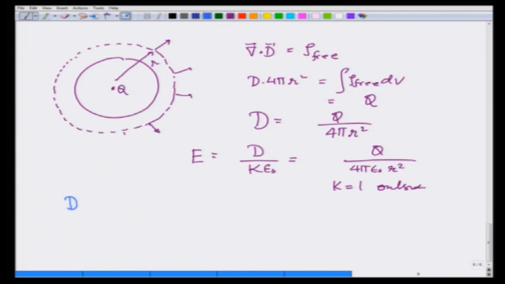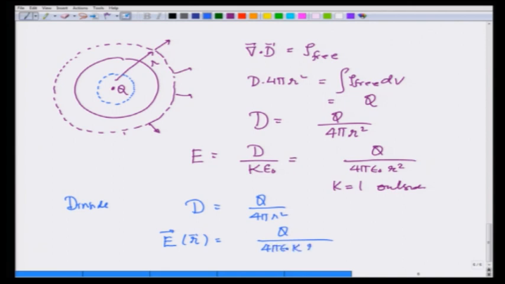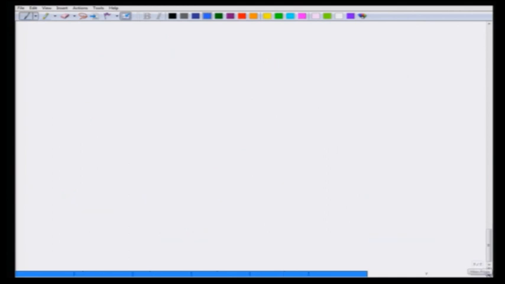How about D inside? D inside is still the same, q over 4 pi r square, because if I take this Gaussian surface inside, this is the D I am going to get. But now E is going to be different, and let me write E vector now, it is going to be q over 4 pi epsilon 0 k r square in the r direction.